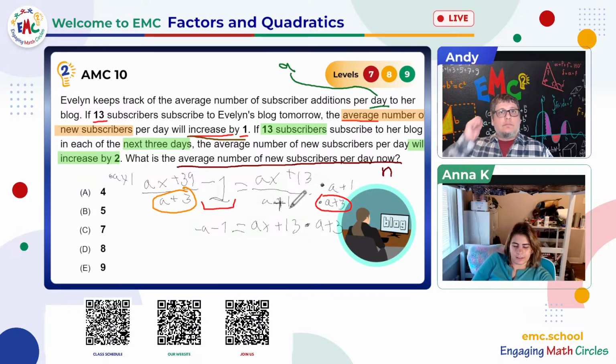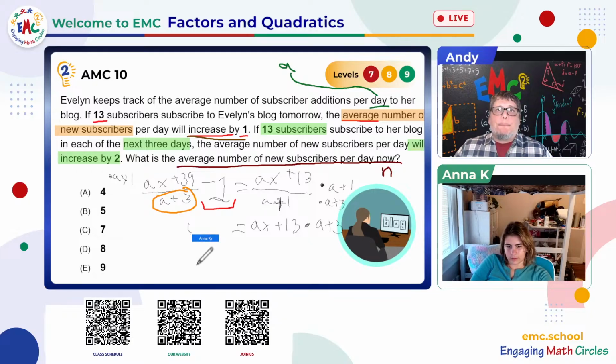Oh, right, it does not have 1 on the bottom. So then minus 1 times A plus 1, A plus 3. Oh, awesome, wow, a quadratic equation.